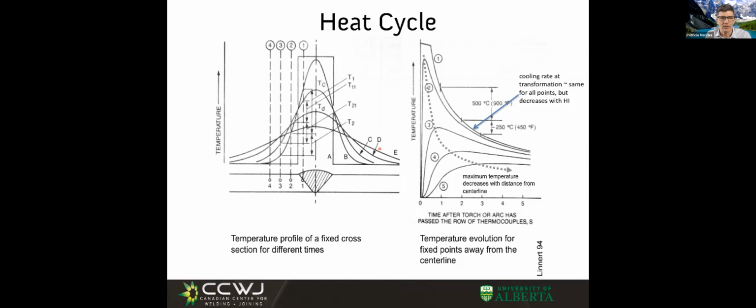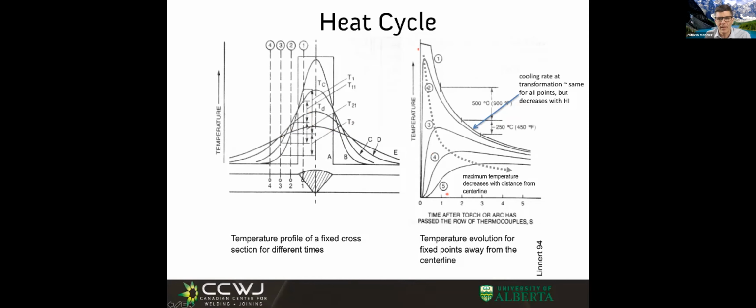And it gets interesting because although the curve gets broader, at some point, for a given temperature, this effect of heat starts to disappear because the temperature lowers and lowers. So whatever isotherm we have might be broader and broader, and then gets narrower and narrower again. This is if we see it as a cross-section of the weld.